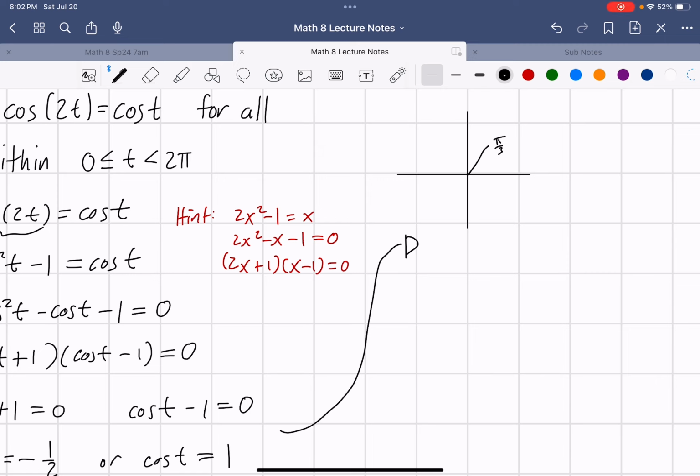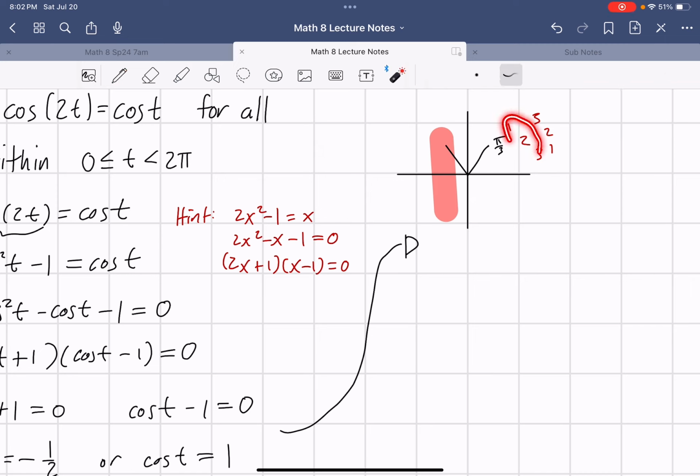So that also has to happen at 2 pi over 3. So that's where my negative answer will be, right? Because I have, once again, 1, 2, 3, 1, 2, 3. When I say 1, I really mean 1/2. When I say 2, I really mean square root of 2 over 2. When I say 3, I really mean square root of 3 over 2.